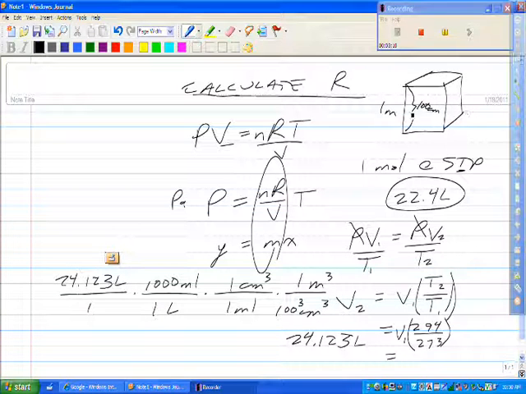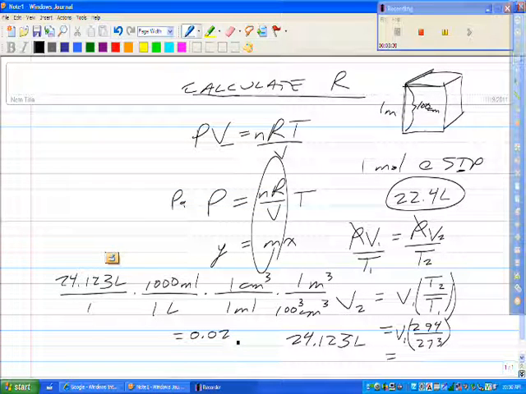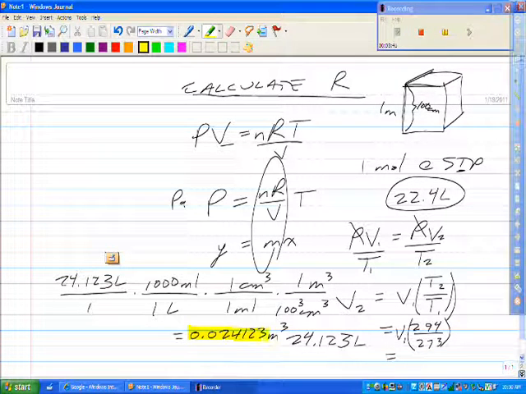So when I go to a cubic meter, then I have to do 100 times 100 times 100 for each of those 3 dimensions. And so that's where we get that 100 cubed to convert to cubic meters. And I believe, again, I'm going from memory from what I did earlier, I believe that gives me 0.024123 cubic meters.